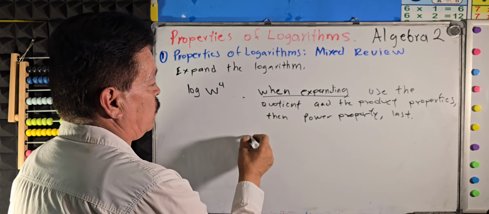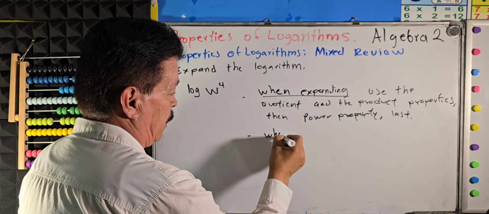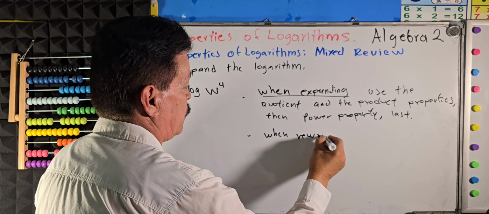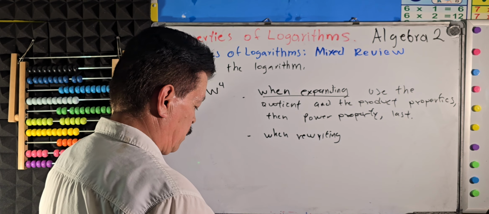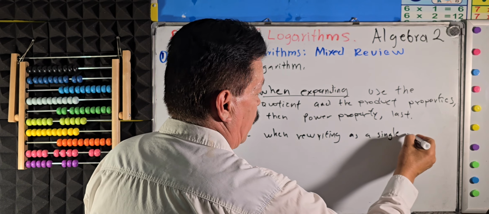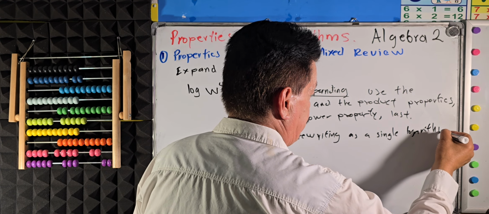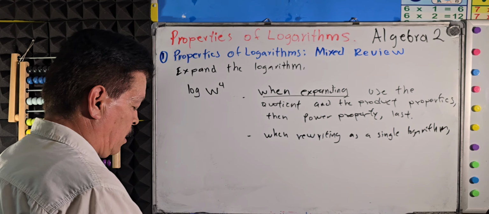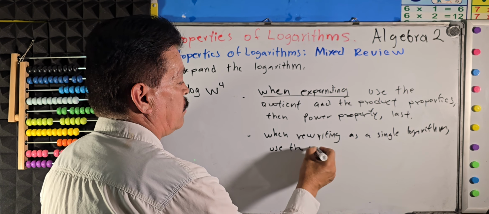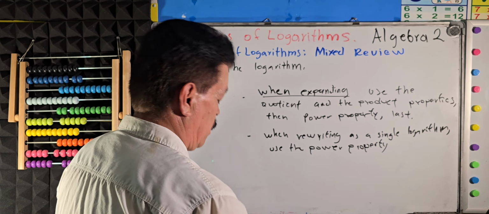It's another idea: when rewriting as a single logarithm, we have to use the power property first.